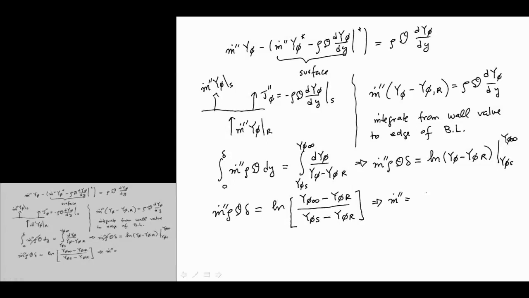So this is divided by rho d, is equal to times delta. So it's equal to rho d over delta. Sorry about that. When I took the rho d over, the rho d should have been in the denominator here. So this guy's in the denominator, and it's equal to this times ln of this quantity.